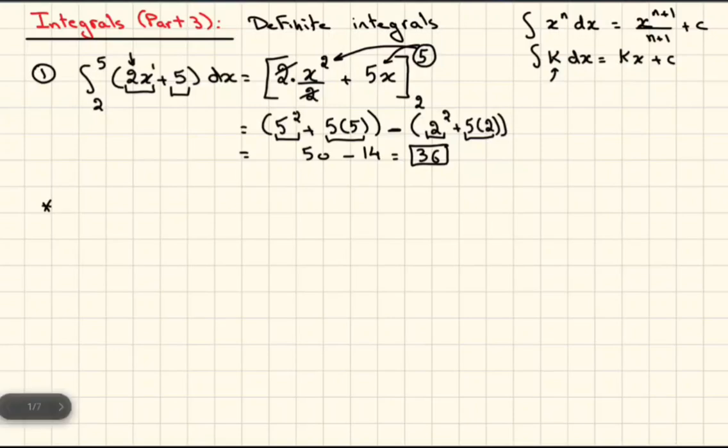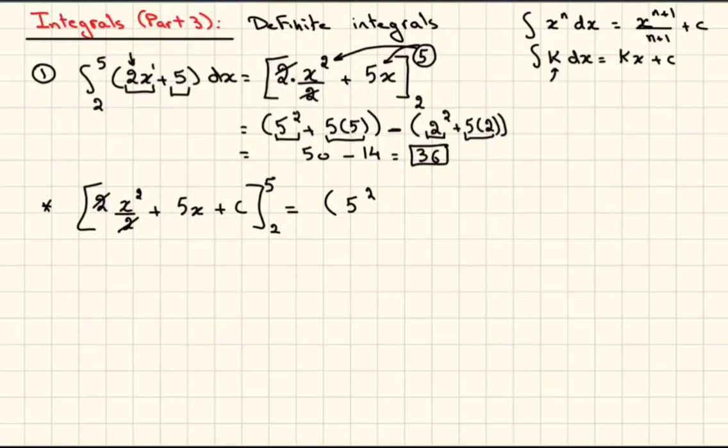Now it's still correct if you do it with a c. So if you write the integral as 2x squared over 2 plus 5x plus c, and you substitute the 2 and the 5, it's still correct. You need to do the following. So the 2 and the 2 will cancel, and we substitute the 5. You will write 5 squared plus 5 times 5 plus c, minus, when you substitute the 2, you get 2 squared plus 5 times 2 plus c.